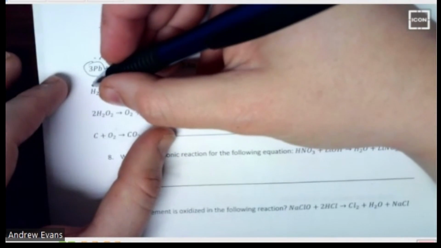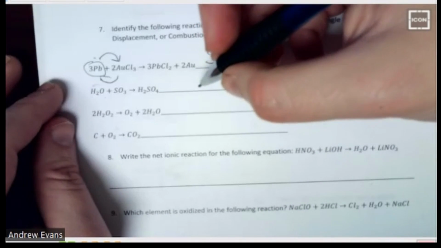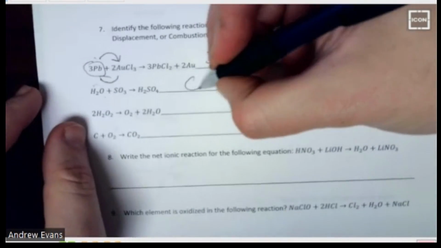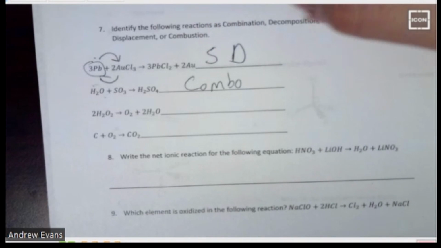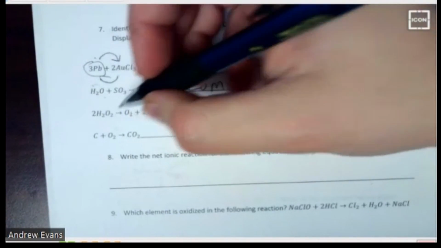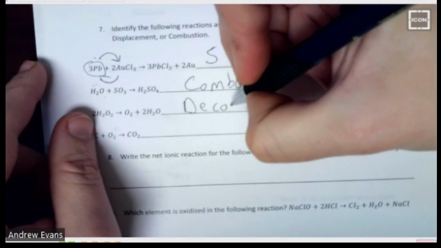Combination is when 2 things become one. Water and sulfur trioxide become sulfuric acid. That is combination. Decomposition is when one thing breaks down into 2. So hydrogen peroxide is a decomp.